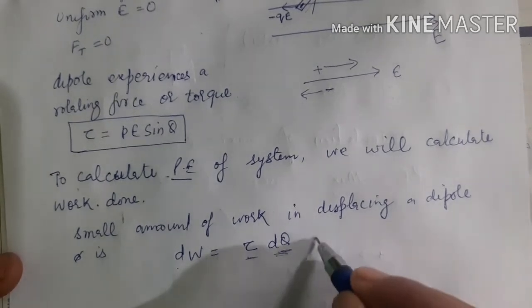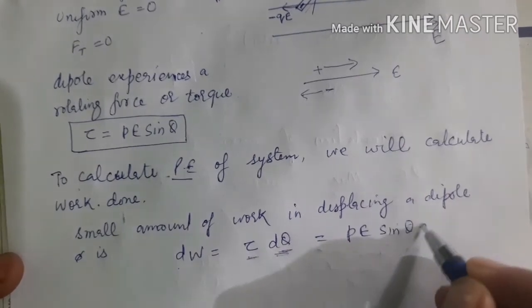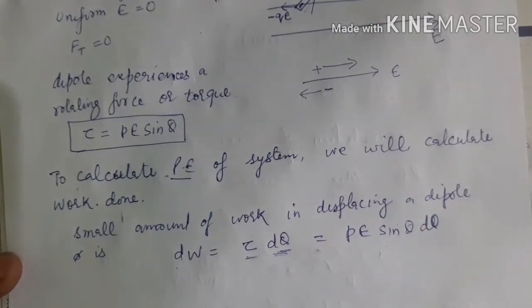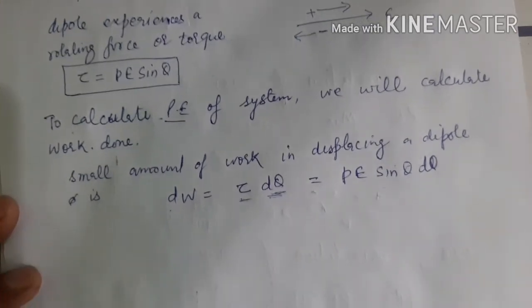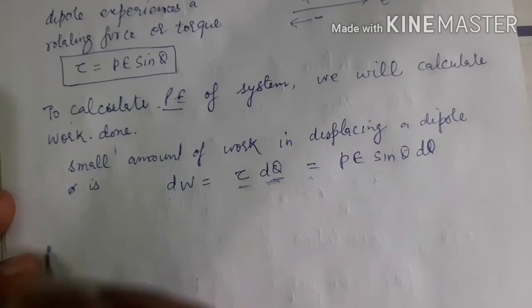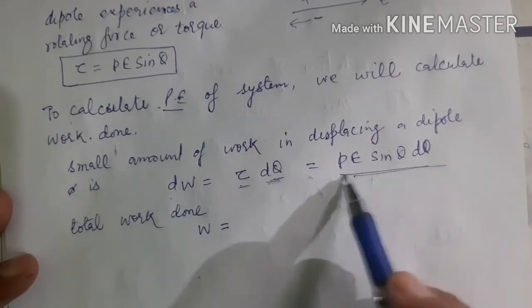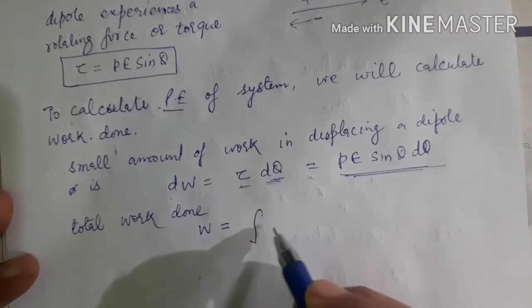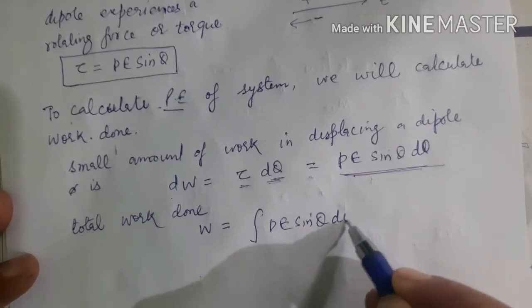So we know that tau is equal to PE sine theta, so dW is PE sine theta into d theta. Now we want to calculate the total work done. So the total work done will be obtained by integrating this.